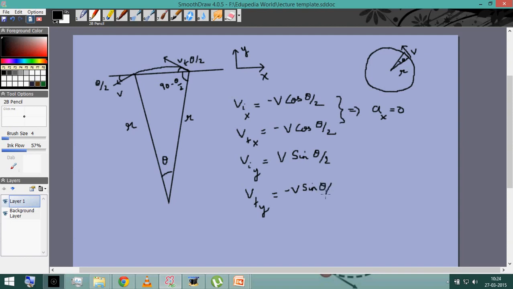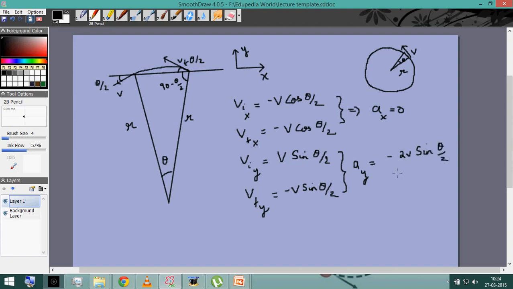V initial y is v sine of theta by 2. If you're not familiar with taking components, I suggest you look at the video on vectors once again. And v final y is the negative of this. It's minus v sine theta by 2.